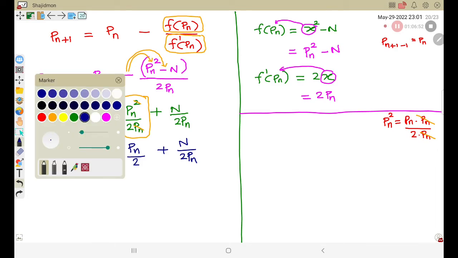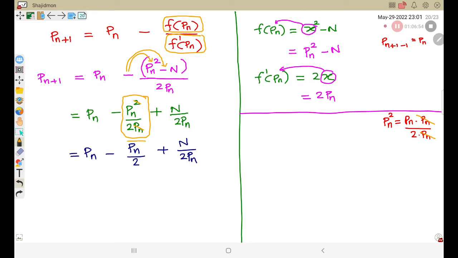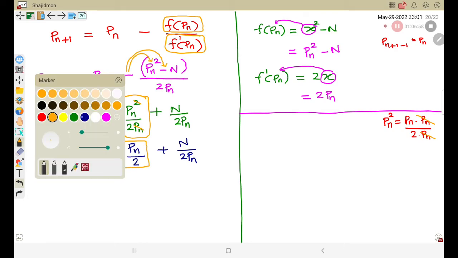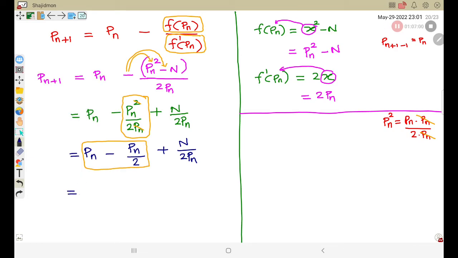Correct? Now again we are going to simplify from the first two terms. What can we take common? We can take Pn common. Correct? Pn. What will be the balance? Write in the bracket. First term: 1 balance, because Pn means 1 multiply Pn. Correct? So 1 minus, second term, what is the balance? 1 over 2 balance, half.